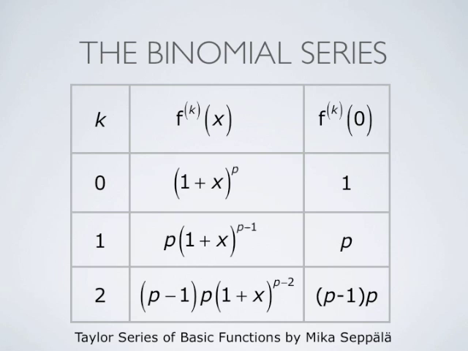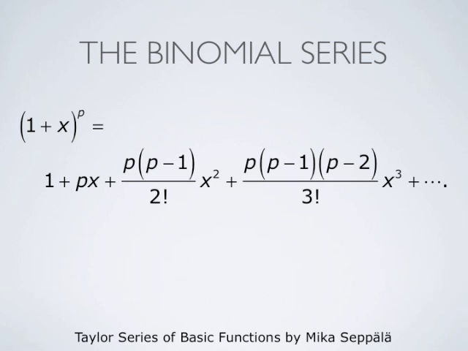The second derivative is (p-1) times p times (1 plus x)^(p-2), and the value of the second derivative at the origin is (p-1) times p. The third derivative, which is not shown here, is (p-2) times (p-1) times p times (1 plus x)^(p-3). Its value at the origin is (p-2) times (p-1) times p, and so on.